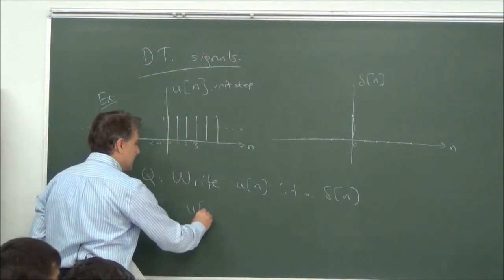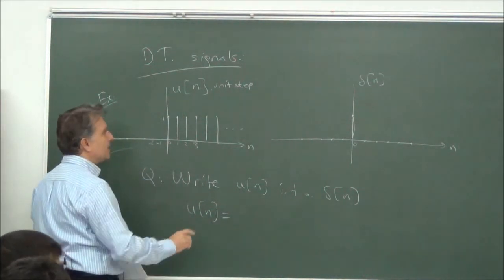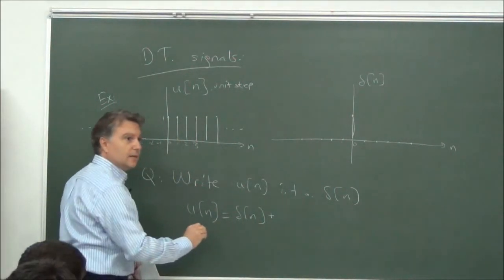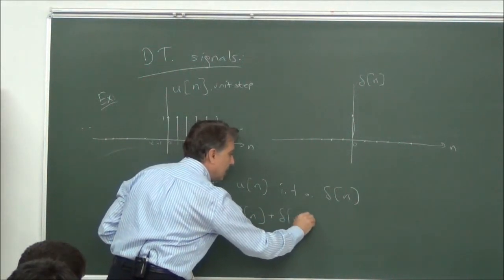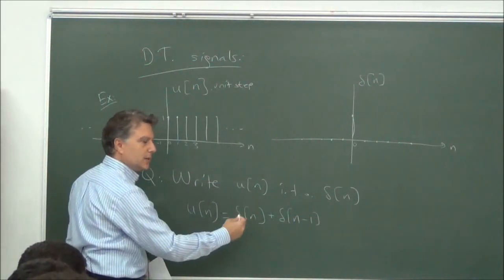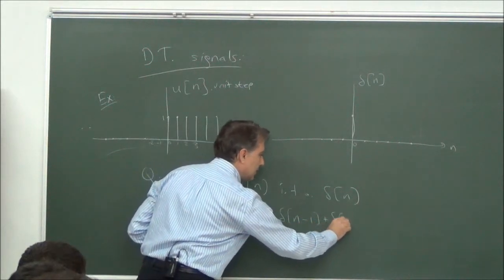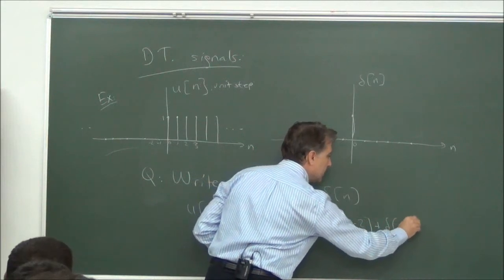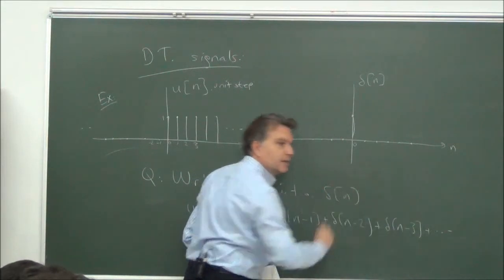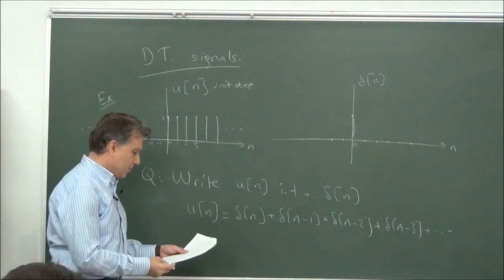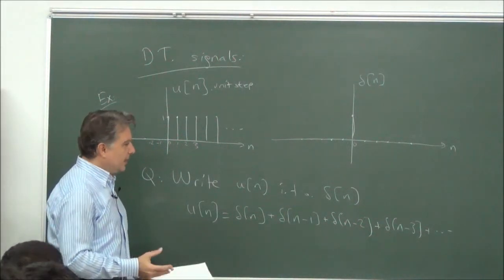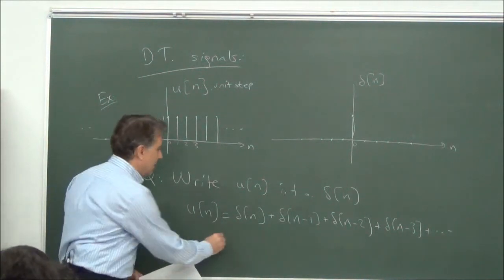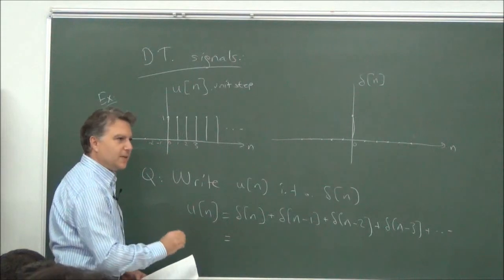So u of n is, that's a brilliant idea, equal to delta n plus delta n minus 1, shifted towards the right, plus delta n minus 2 plus delta n minus 3 plus etc. And it goes on. Now the question is then, can we really express this in a more compact way? Of course, it's an infinite summation.